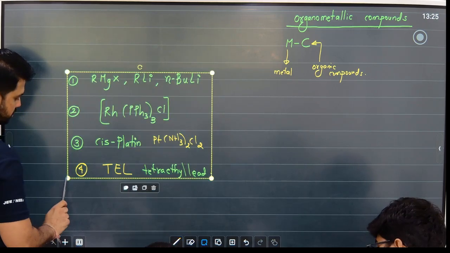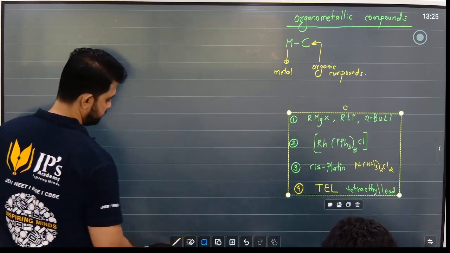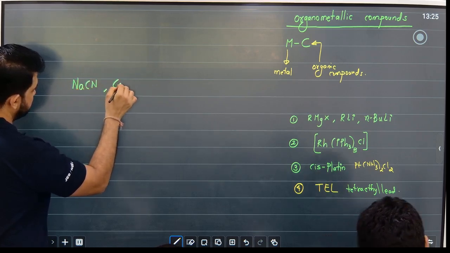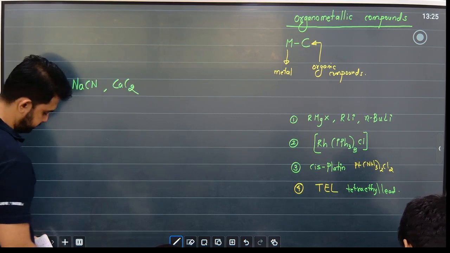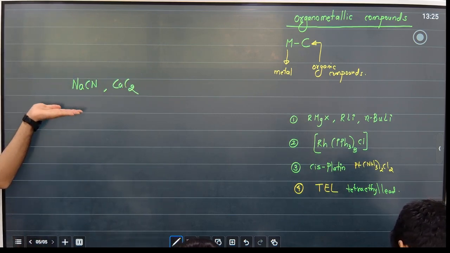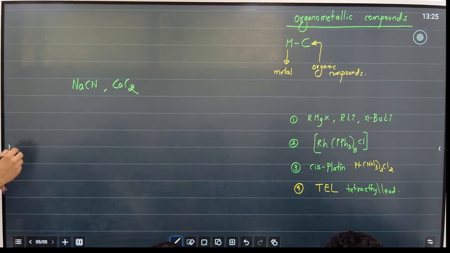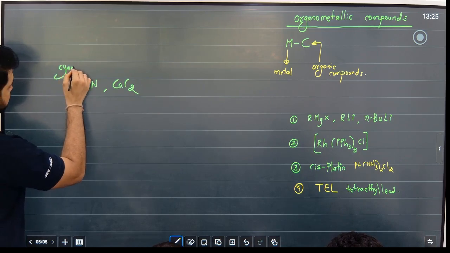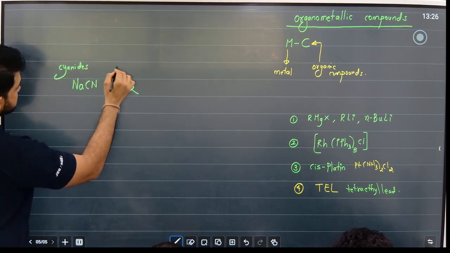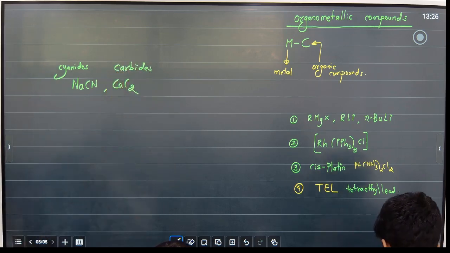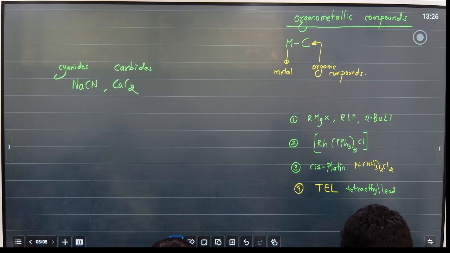Next write down a note. Cyanides and carbides. एग्जाम्पल बोर्ड पे भी है. Cyanides and carbides are not OMCs.